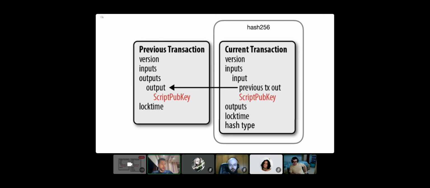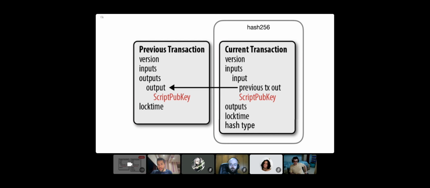Remember, it will have a locking script, and part of the unlocking process of that previous output is a signature that I have to produce, using this convoluted transaction as message, using the algorithm that I just showed you guys, and I will put this thing in as part of the input data.